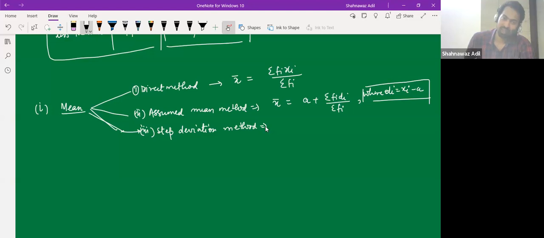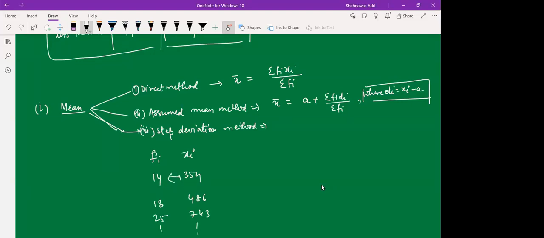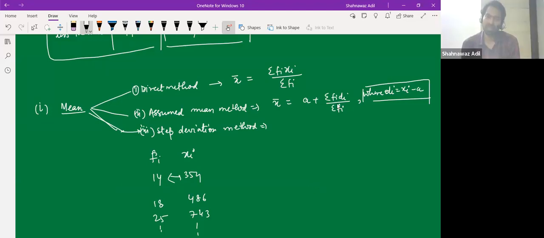So let's say frequencies are 14, 18, 25, something like that, and xi are 354, 7, let's say 486, and then 743, something like that. Then what will we do? We use the assumed mean method. But in the assumed mean method also you will have these fi di which are still larger, right?